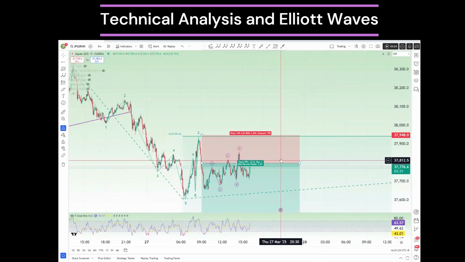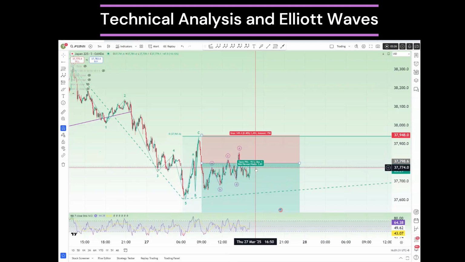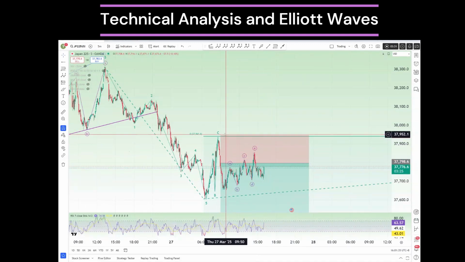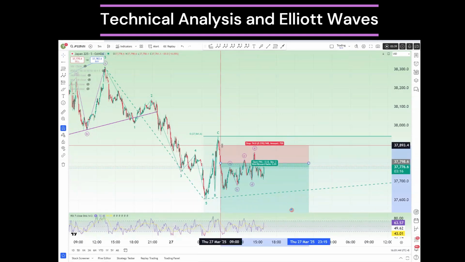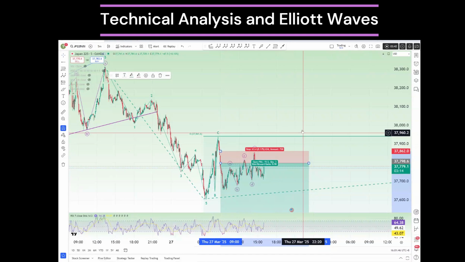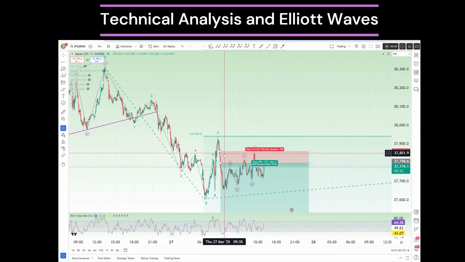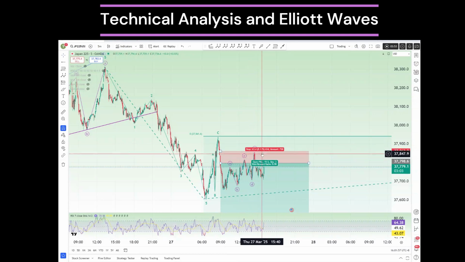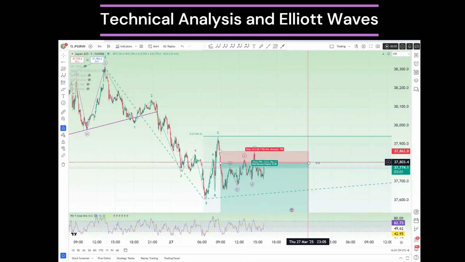So I would say that this will still be a good short, and because of this pattern formation, you can actually shift your stop loss down, so you reduce your risk. For anyone who is trading the Nikkei, if you have entered just now, you can make your stop loss tighter right now.